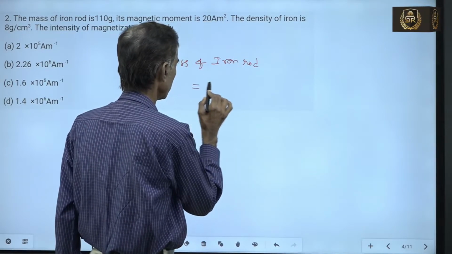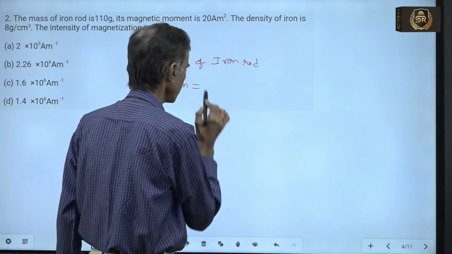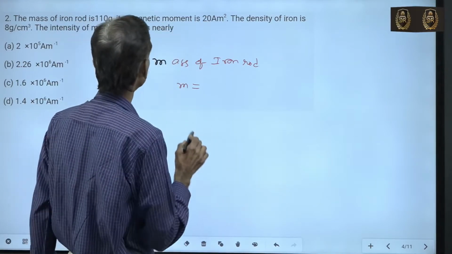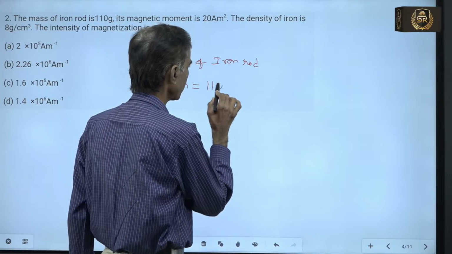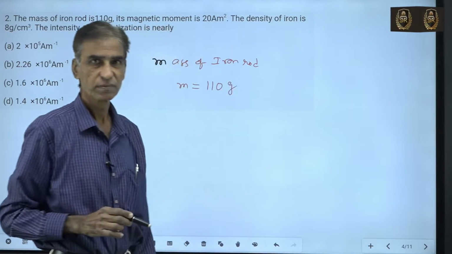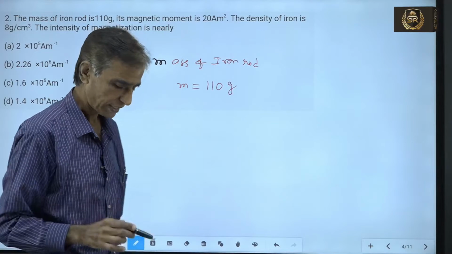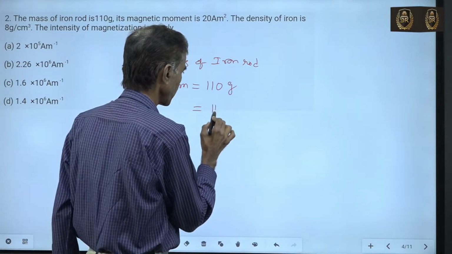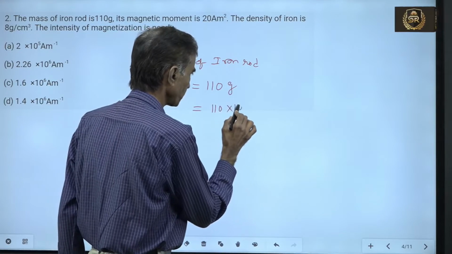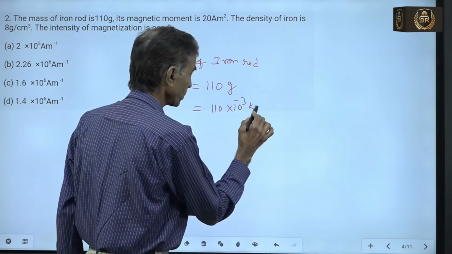We write it by small m generally. Mass, how much? 110 grams. Immediately convert this into SI. So that is equal to 110 into 10 power minus 3 kilograms.